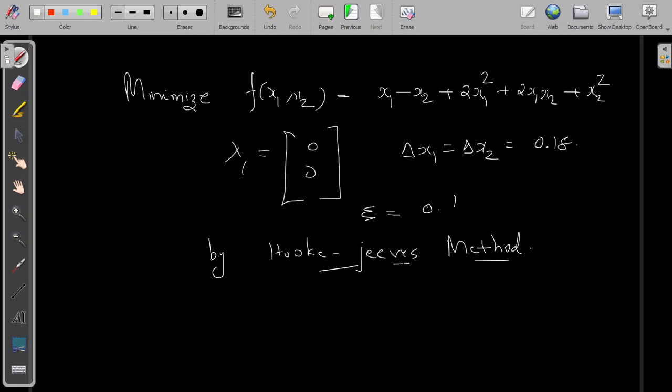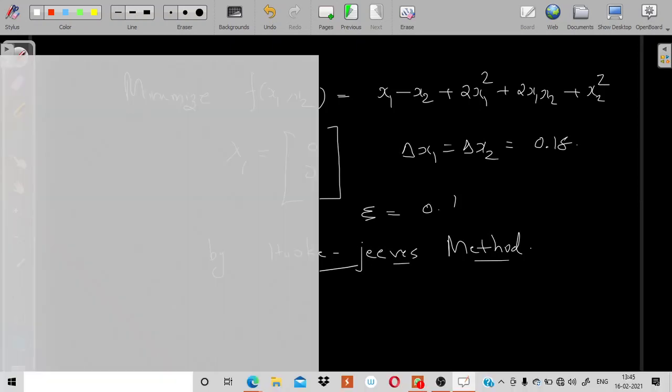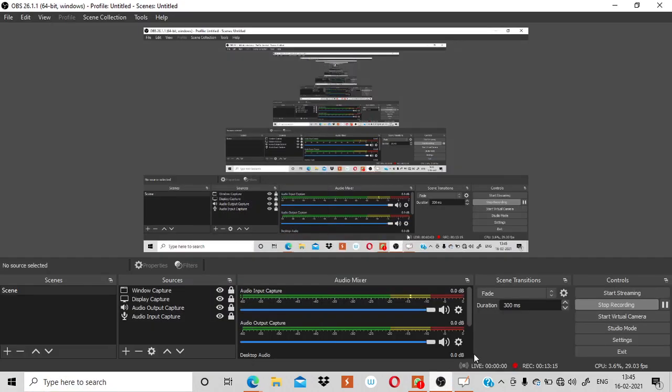You have to apply the Hook-Jeeves method to solve this minimization problem and get the optimum solution. This is your assignment or a review question, you can say. So thanks.